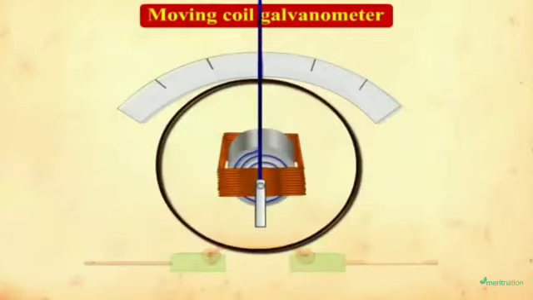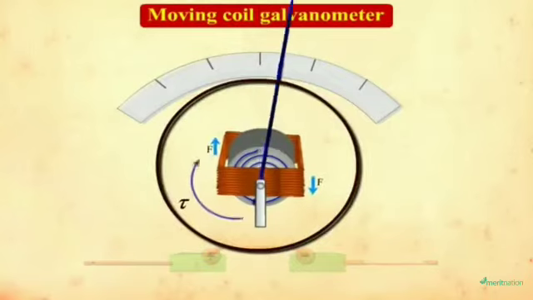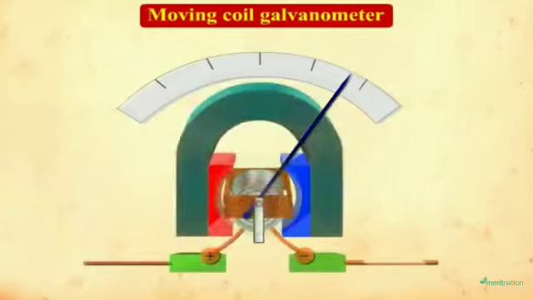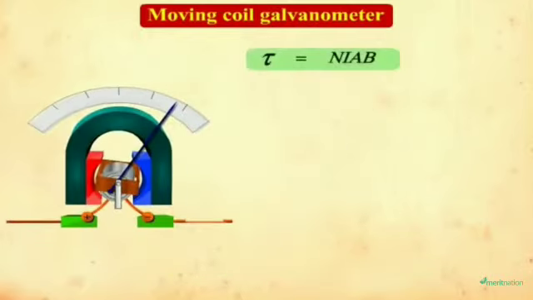On switching the circuit on, the current flows through the circuit. A torque acts on the coil due to the magnetic field, and that causes deflection in the spring, and therefore the torque is equal to NIAB.